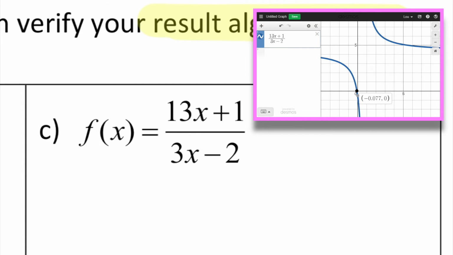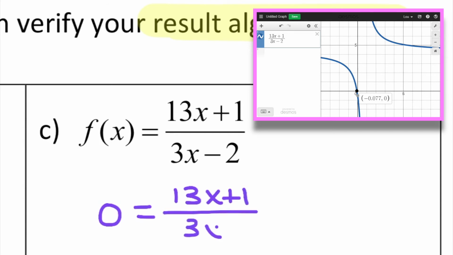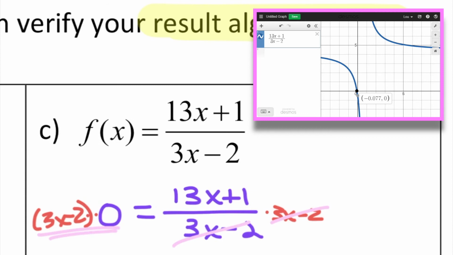And then thirdly, the rational function here. So the concept of multiplying both sides by the denominator, 3x minus 2, times 0, so that over here the denominators cancel, and over here everything is just equal to 0.